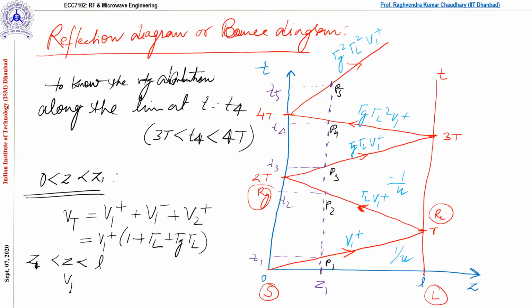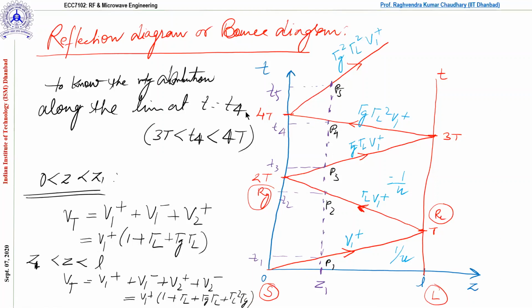So this will be Vt equal to V1 plus plus V1 minus plus V2 plus plus V2 minus. And the same we can write as V1 plus times 1 plus gamma L, gamma G gamma L, gamma L square gamma G.